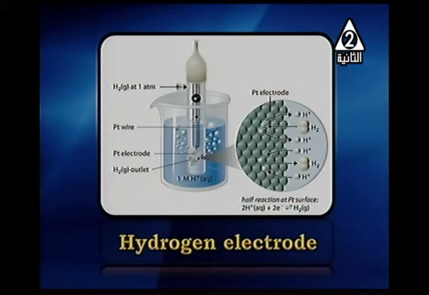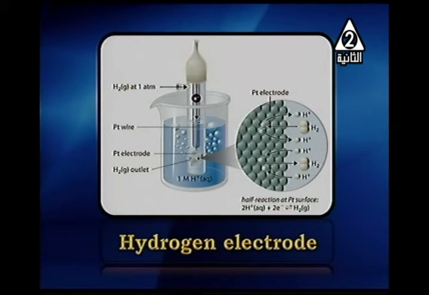Standard means it doesn't make any voltage from this chemical reaction between hydrogen dipped inside 1 molar H+ aqueous solution, which means 1 molar hydrogen chloride. It contains the hydrogen inside the hydrochloric acid.